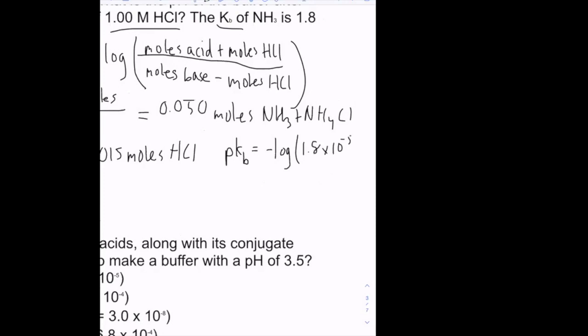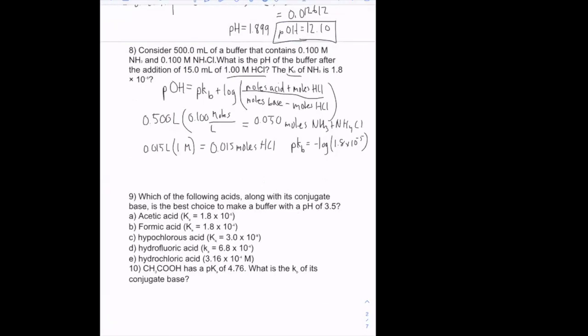After that, we have all the terms we need for this equation, so I'm just going to plug everything in. We will solve for the pH with this equation, but it's a pretty easy conversion to get to pH once we're done.